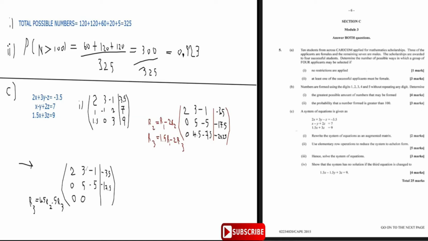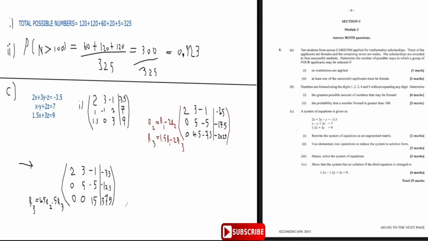Then 4.5 times minus 5 minus 5 times minus 7.5 becomes 15. So we get 15 here. Then 4.5 times minus 17.5 minus 5 times minus 23.25 gives 37.5 here. All right, so that's that.